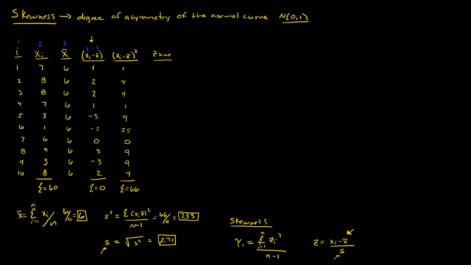You would take the deviation score, put it in red here, this 1 would be in the numerator, and then this 2.71 down here would be our denominator, because it's the standard deviation piece.